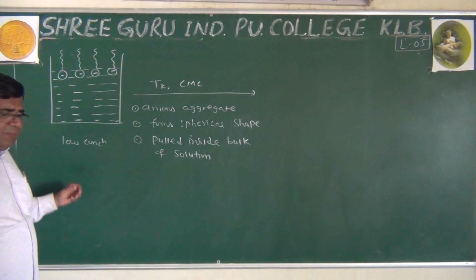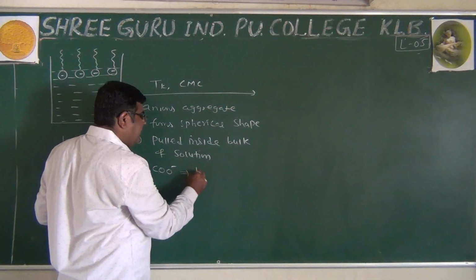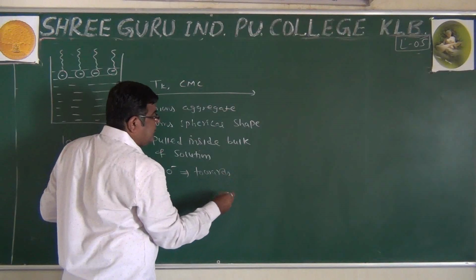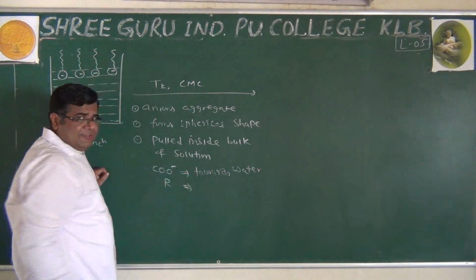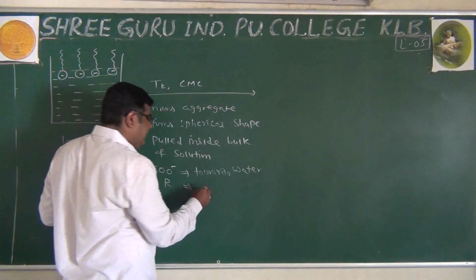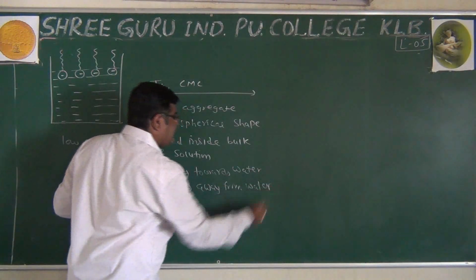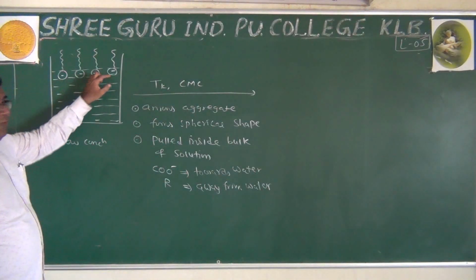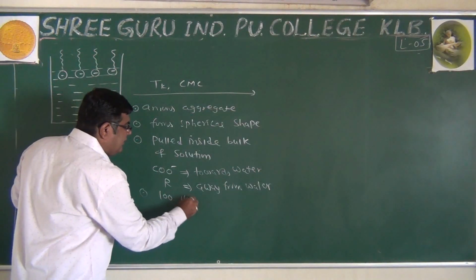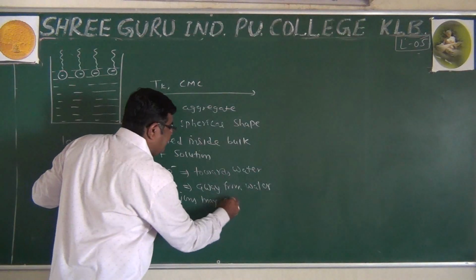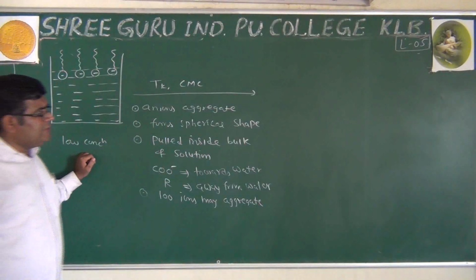Inside the solution they are pooled in such a way that the COO⁻ part is towards water and the R part, because that is ionic, hydrophilic, the R part is away from it. How many such ions? 1, 2, 3, 4 I have written. But how many such ions can aggregate? 100 ions may aggregate, and that aggregation is nothing but associated colloid.